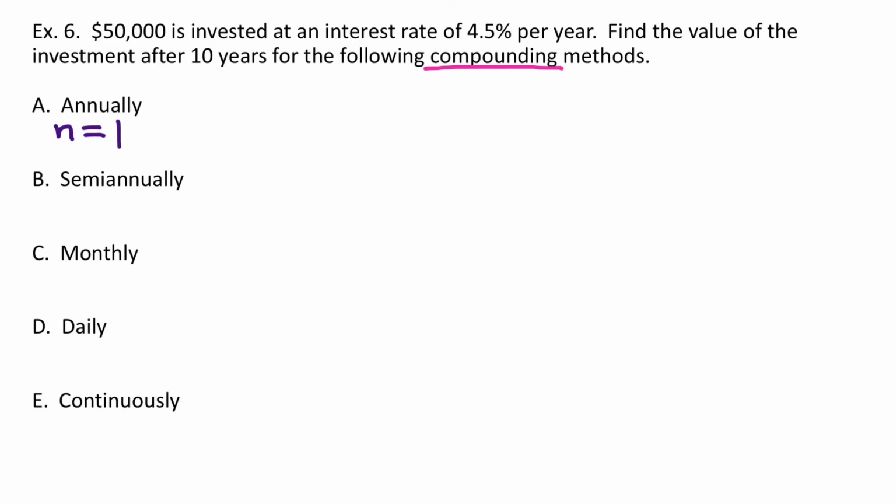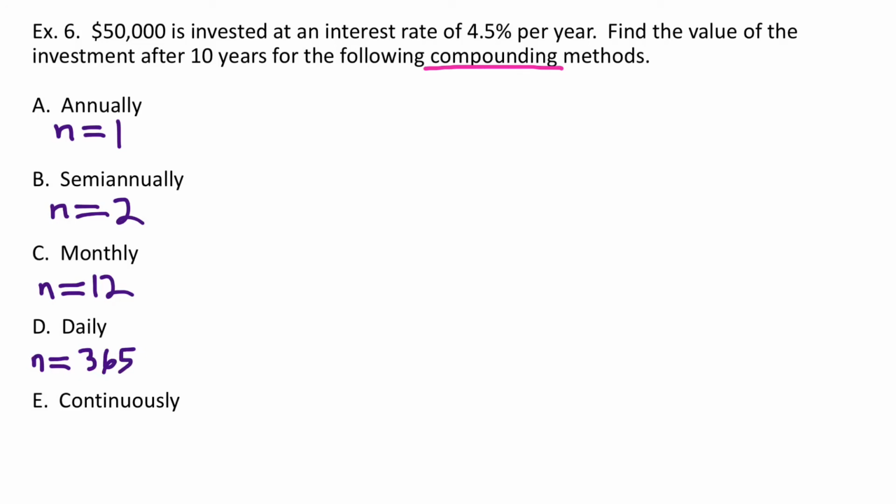Semi-annually means that you're compounding twice per year, once every 6 months. Monthly means you're compounding every month, so that's 12 times per year. And daily means you're compounding every day, so that's 365 times per year.